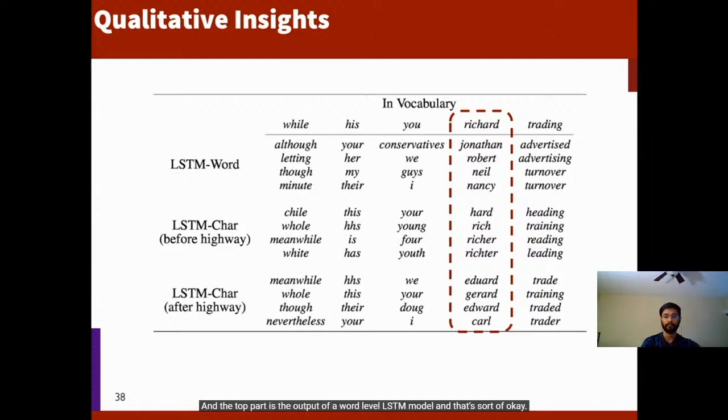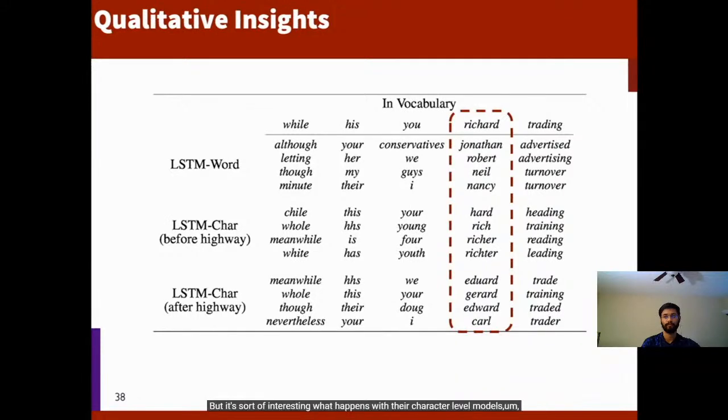The top part is the output of a word level LSTM model, and that's okay. Richard comes out as similar to Jonathan, Robert, Neil, and Nancy, etc., while, although, letting, though, minute, mainly, okay.